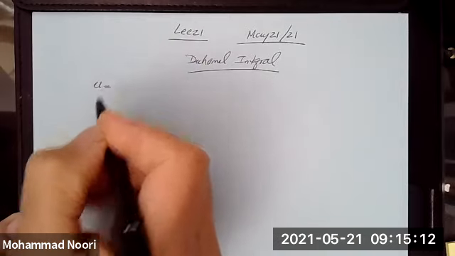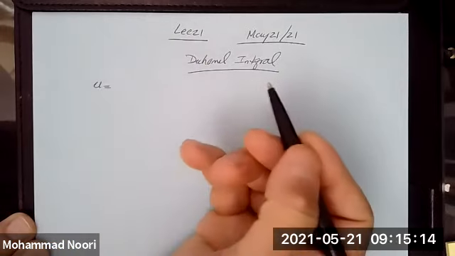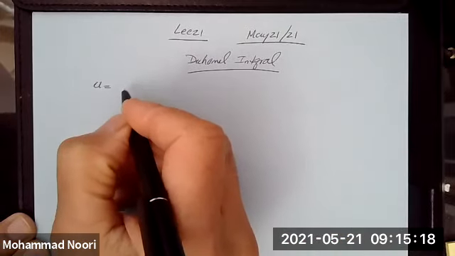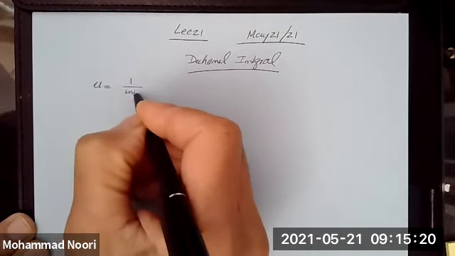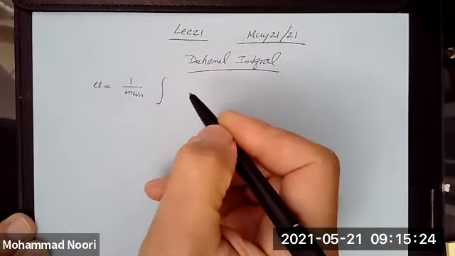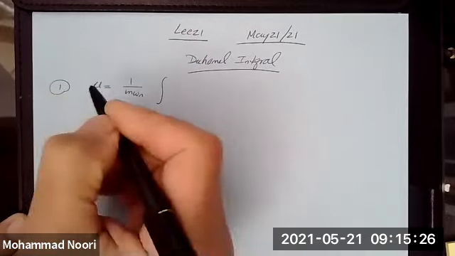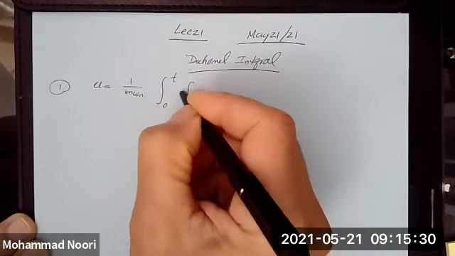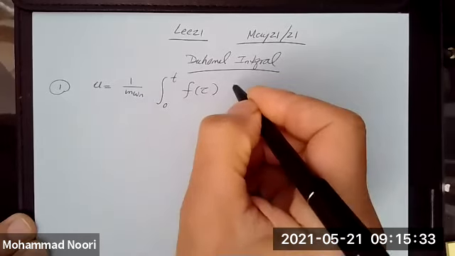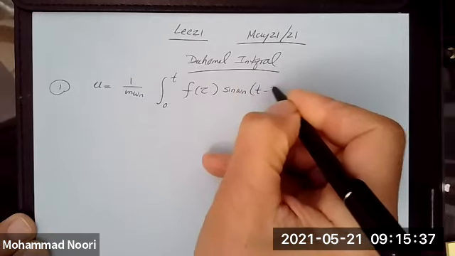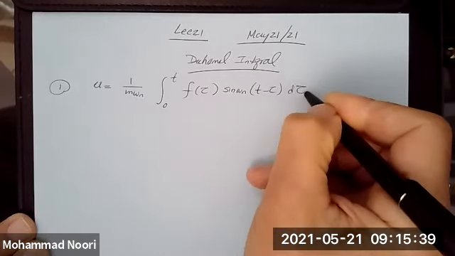If we had a general forcing function, the solution came down to these two formulations. For the case of undamped loading, you evaluate u using this integral, sine omega n (t minus tau) d tau.